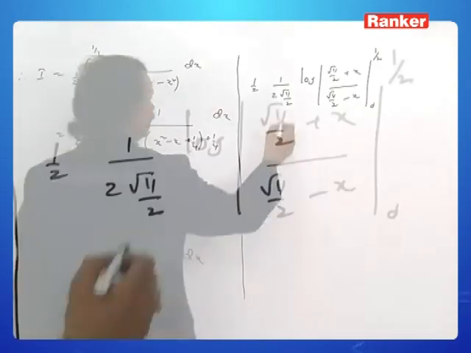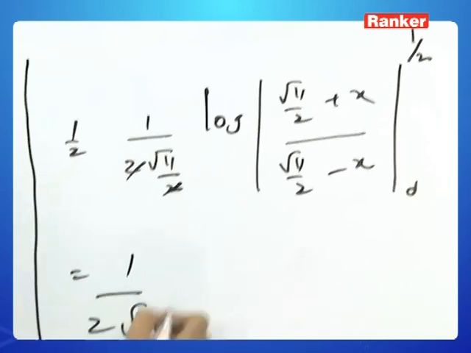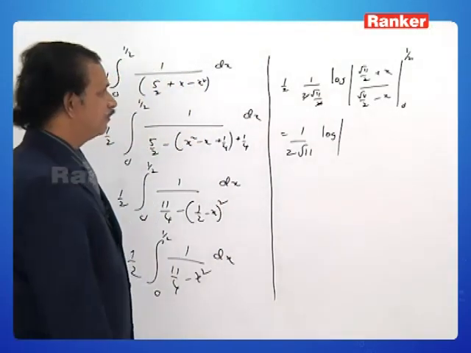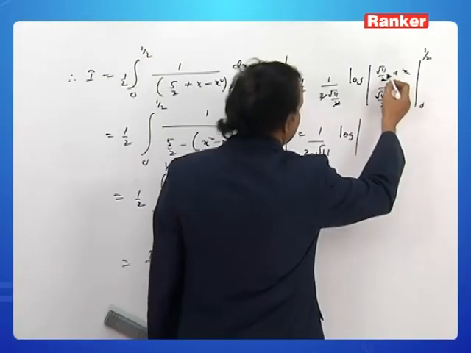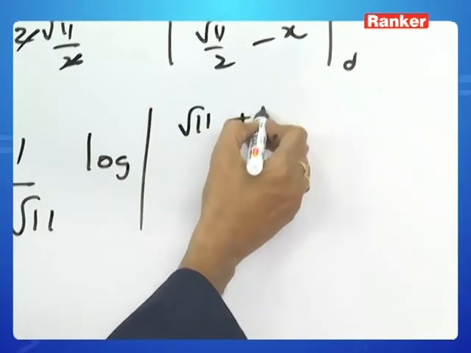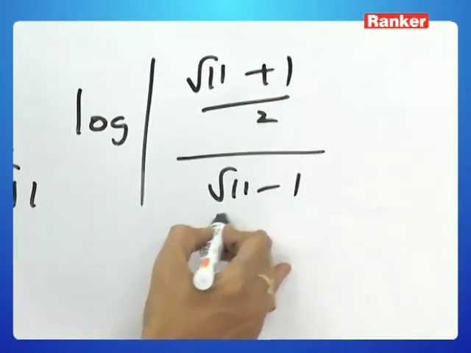Good. 1, 2 will be cancelled. 1 by 2 root 11 into log mod. If you take x is equal to half, then root 11 by 2 plus half is root 11 plus 1 by 2, and root 11 minus 1 by 2.